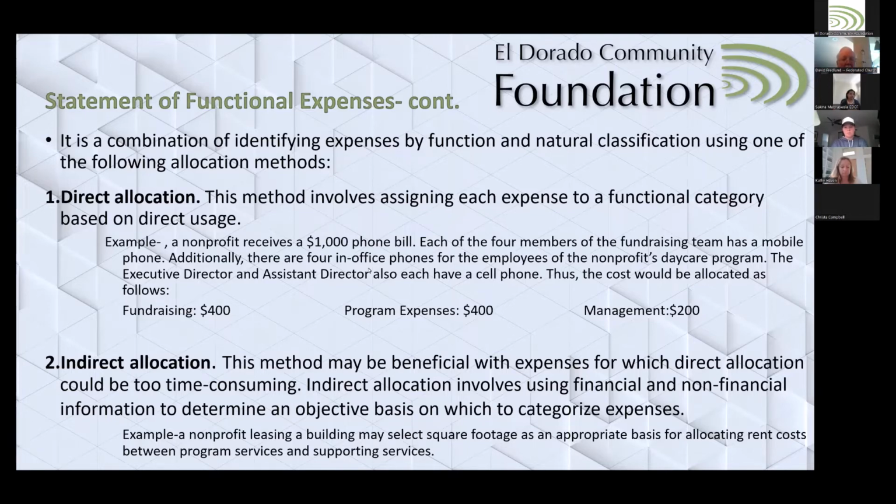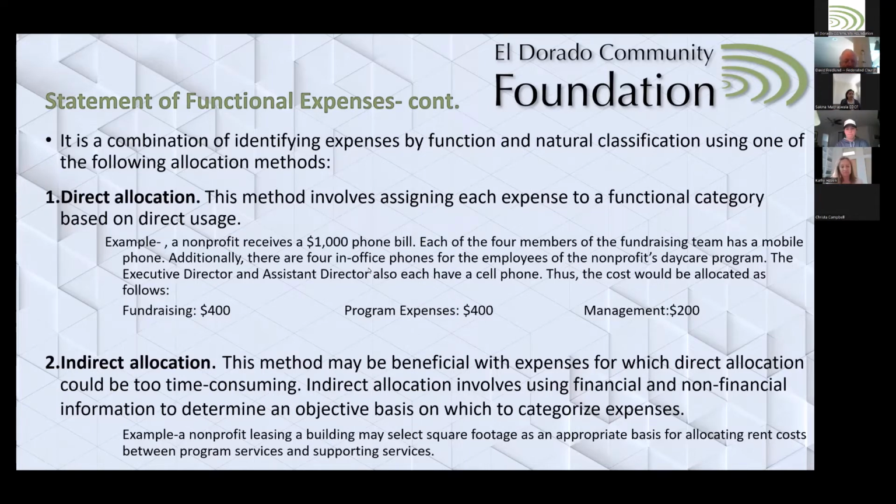The 4 rooms are being used for a nonprofit daycare program. I'm just giving this as an example. So you run a daycare program, and the 4 rooms are going to be used by the daycare program. So if you have 10 rooms, out of which 2 are used for this and 4 or 5 are used for that, you base it on the number of rooms or the square footage used by that specific program.